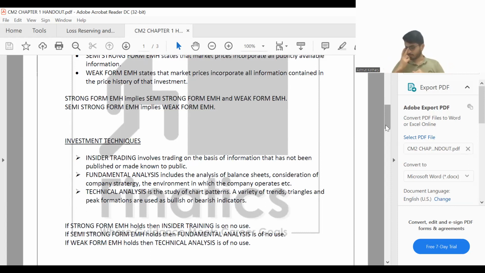So how do these people take advantage of this fact? Let's say you are the CFO of a particular company. You are about to disclose the financial results, let's say in a week or so. You observe that the company's financial performance has been very good this time, and you expect that investors or the stock market should be reacting to it positively.